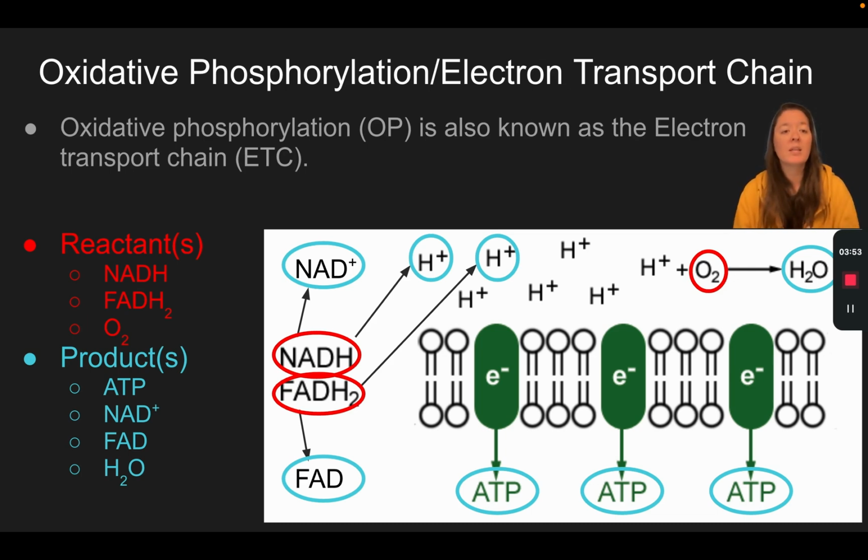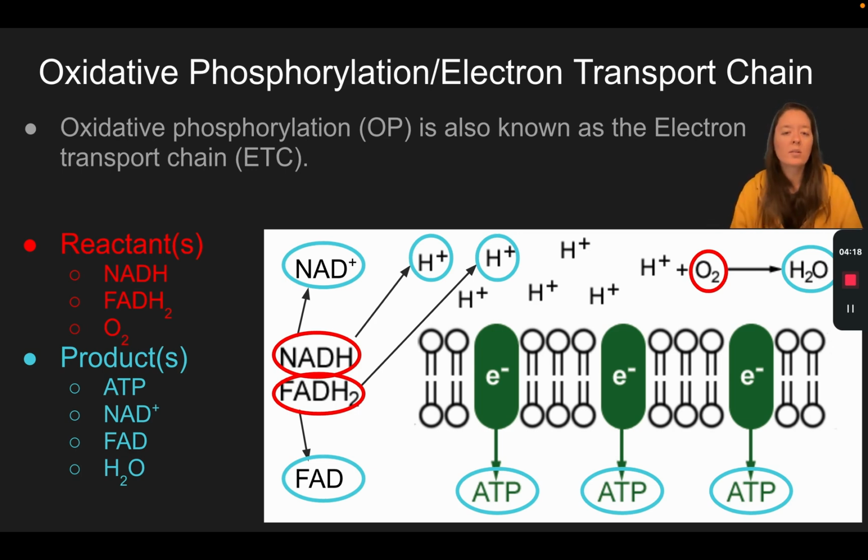We're also going to produce the NAD+, because we're breaking off that hydrogen to release energy to go through this process. The same thing is happening with the FADH2. We're breaking off those hydrogens to create FAD. The NAD+ and the FAD are lower energy molecules, kind of like the ADP. So once they get transformed, they go back to the other processes to be recharged.